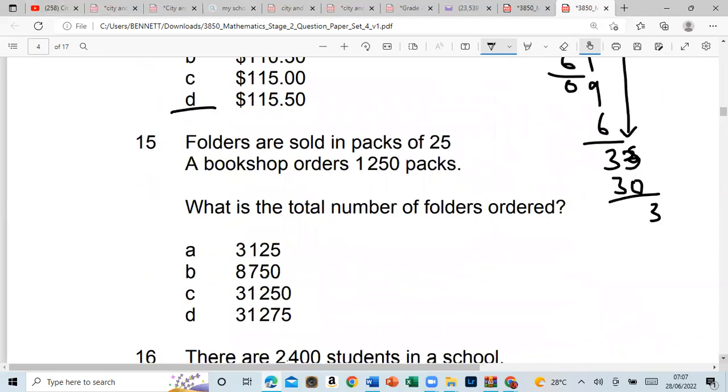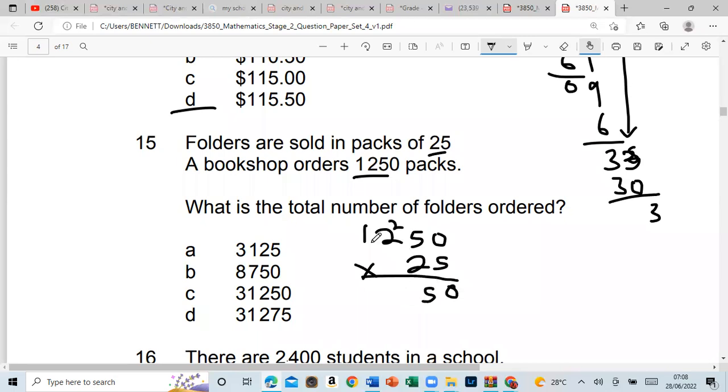Number 15. Holders are sold in packs of 25. A bookshop orders 1,250. What is the total number of holders ordered? So holders are sold in packs of 25, and they order 1,250, so that's a multiply. 1,250 times 25. 5 times 0 is 0, 5 times 5 is 25, 5 times 2 is 10 and 2 is 12, 5 times 1 is 5, so that's 6,250.